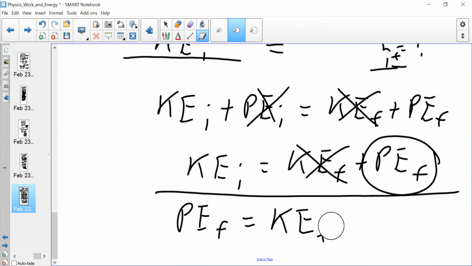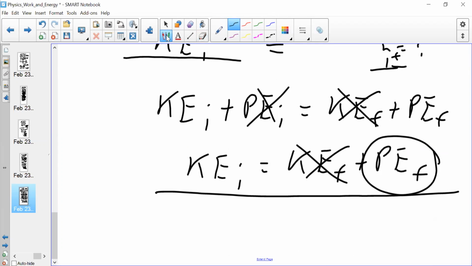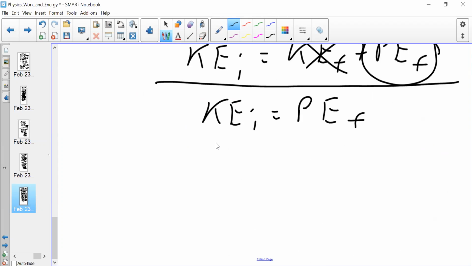So let me just rewrite this. So KE initial equals PE final. And then from here, we can figure out the height. So 1/2 m vi squared equals mgh final.